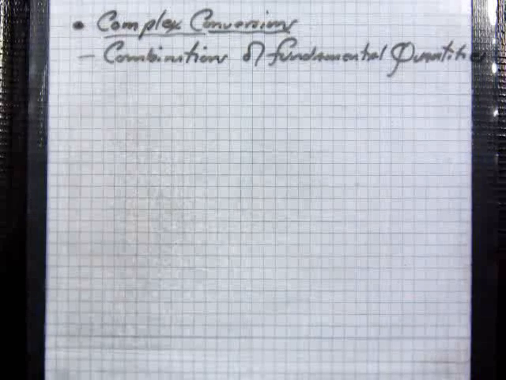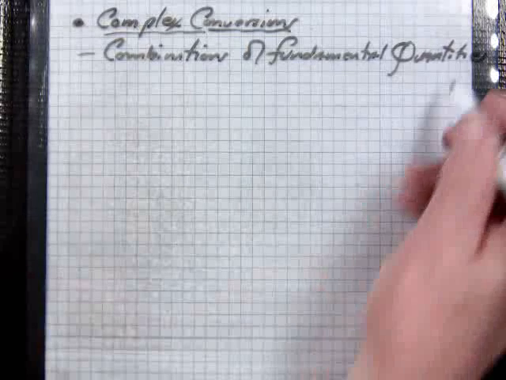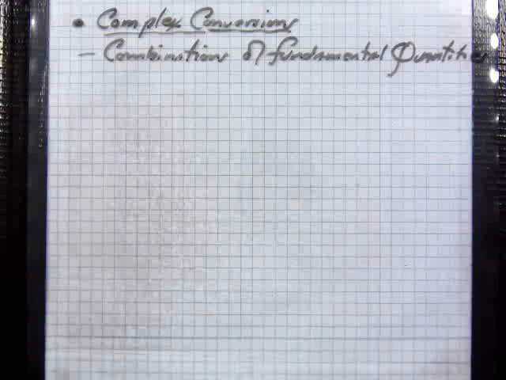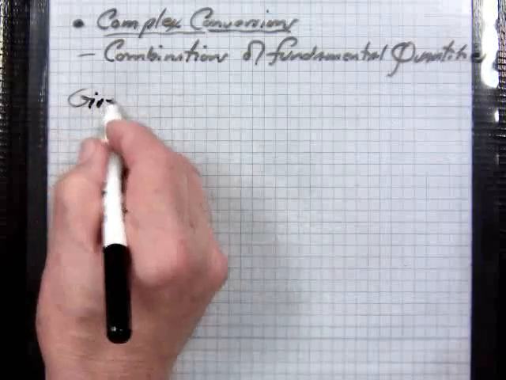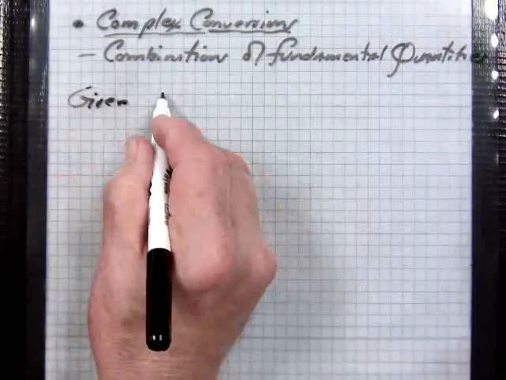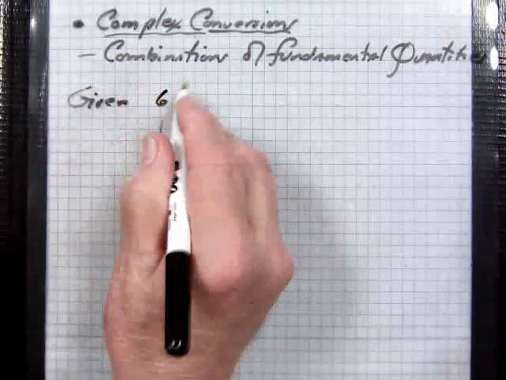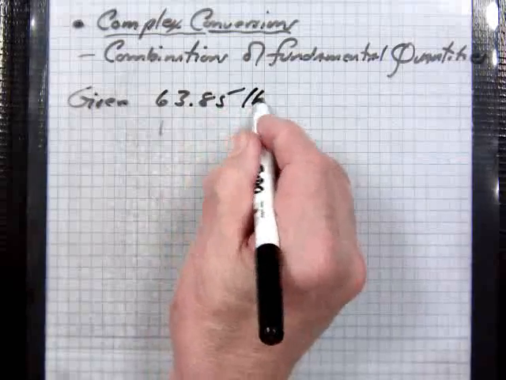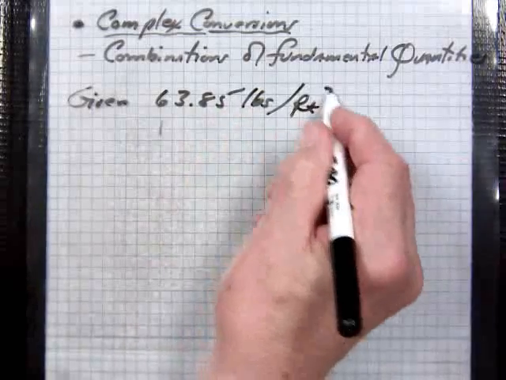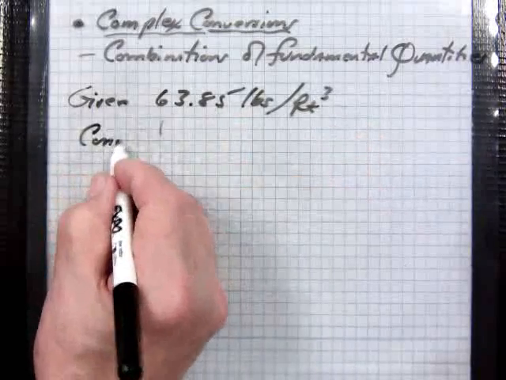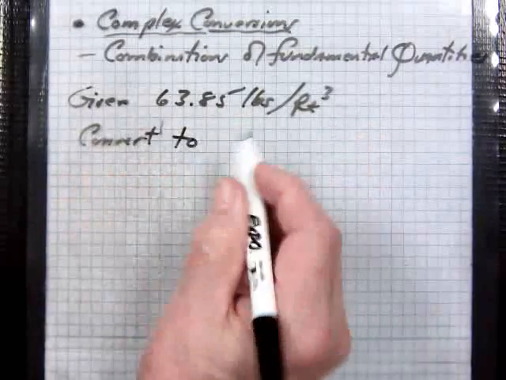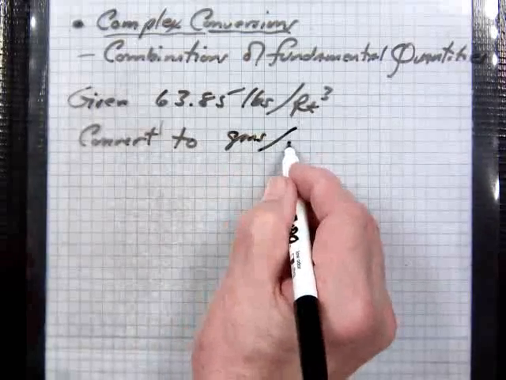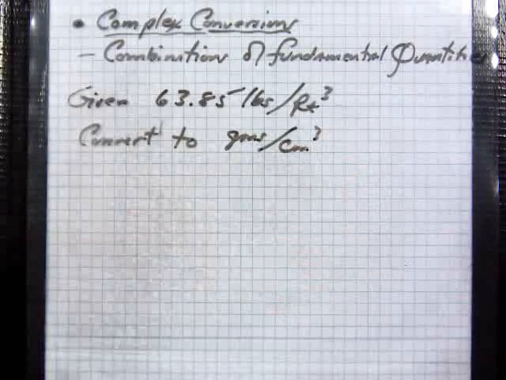So these are combinations of fundamental quantities. Say you're given 63.85 pounds per cubic feet. Convert to grams per cubic centimeter.